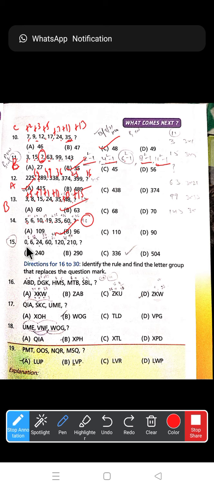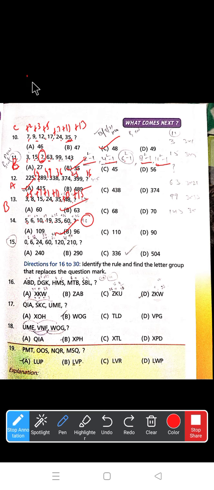Now coming to the 15th one, children. Here if you observe the 15th one, 0, 6, 24, 60, 120, 210. They have given this. What is the next number you should find out? First of all, if you observe this one clearly, the gap between them is 6, 18, 36, 60, 90. So what number should you take as the next in the sequence?